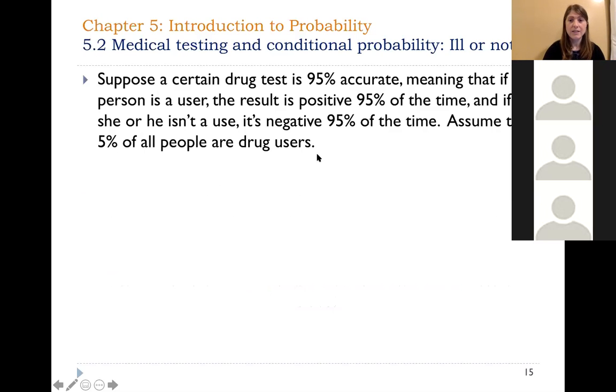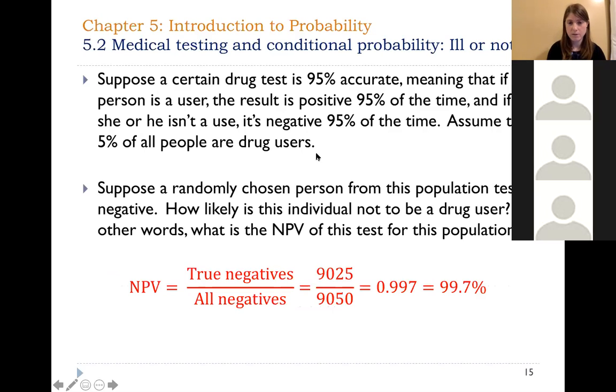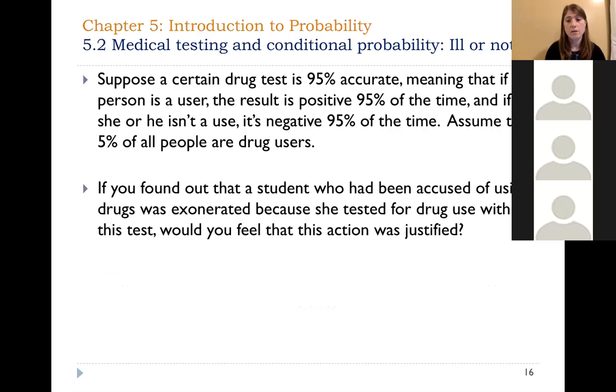So when we looked at the NPV, this is what we did with our other one, we found an NPV of 99.7%. So think about a question you could do here. If you found out the student who had been accused of drugs was exonerated because she tested negative for drug use with this test, would you feel that the action was justified?